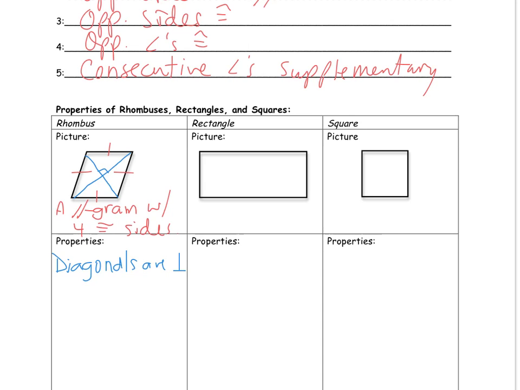Number two, the diagonals bisect the angles.